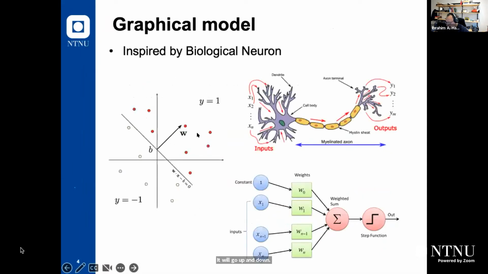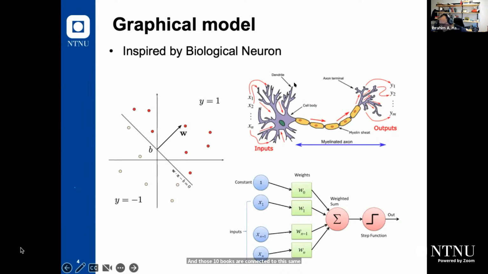So this model, in fact, is inspired by the biological neuron. In this biological neuron, we have a cell body, and this cell body has some inputs, for example x1, x2, xn, and those inputs are connected to the cell body using dendrites.